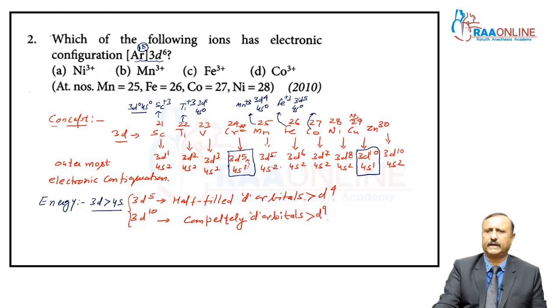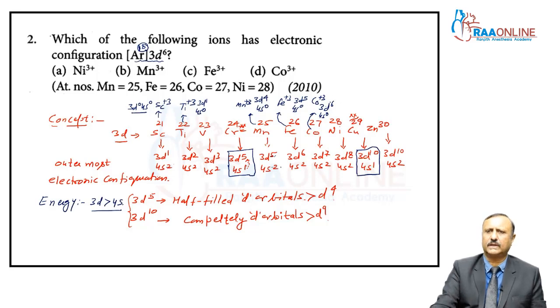So, you can get the electronic configuration of Co+3, that is 3d6 and 4s0. Now, my dear students, Co+3 gets the electronic configuration of 3d6.